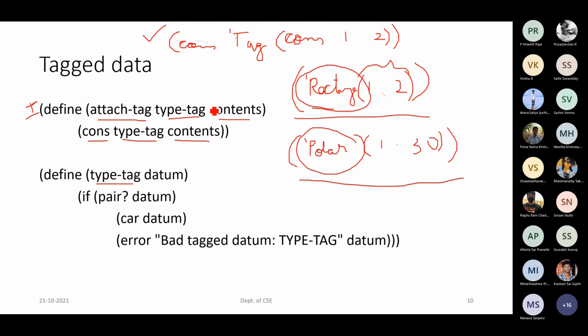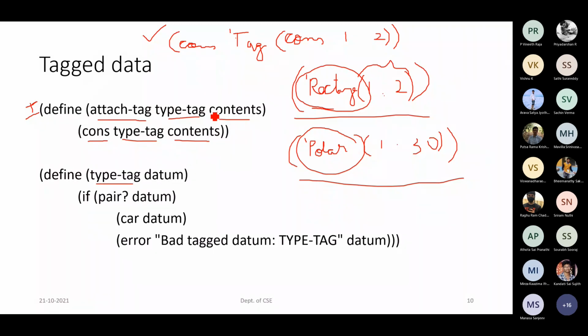So what do we have to check? Before we simply extract the car of whatever data it is, first we have to check at least whether it is a pair or not. If it is a pair, then only extract it. Otherwise, we don't have to extract the first content of your data.